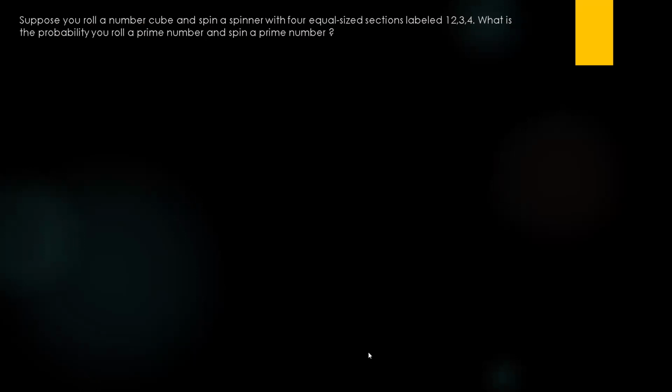Let's take now another example. Suppose you roll a number cube and spin a spinner with 4 equal size sections labeled 1, 2, 3, and 4. So here, what do you have? You have a number cube, so the sample space for it will be 1, 2, 3, 4, 5, and 6.